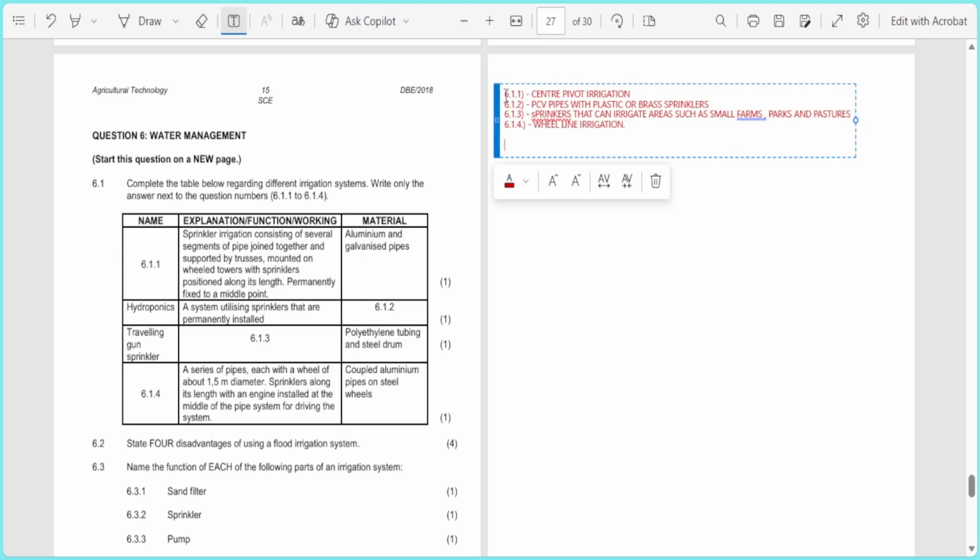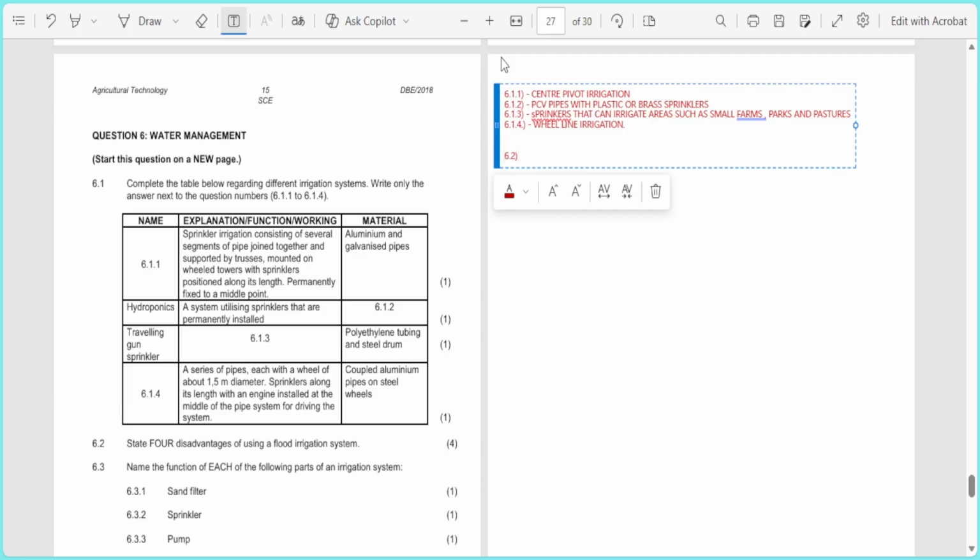It's not actually a sprinkler system, but rather a soilless cultivation. And the traveling gun systems are mobile, they drag a hose and cover irrigation areas. It was basically a test on your knowledge of irrigation systems. Let's jump to 6.2.